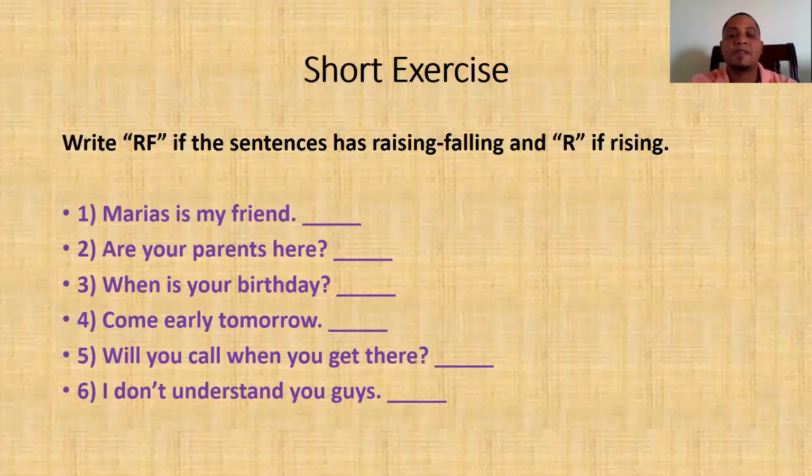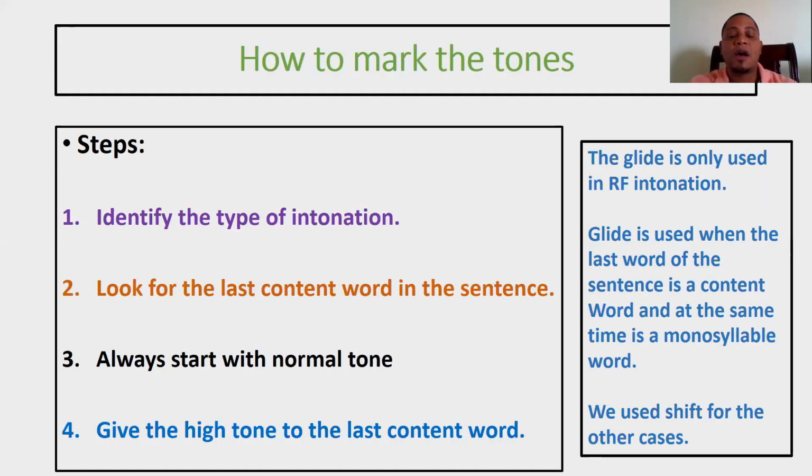Here in this little exercise, I was trying to help you identify which intonation goes to which sentence. So after you have identified the type of intonation that the sentence has, the second step is that you have to look for the last content word. So look for the last content word in the sentence, okay?